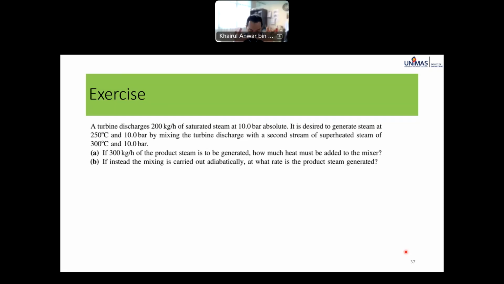Once we get the mass balance, we go to the second step.